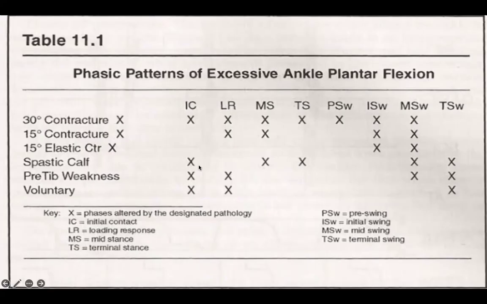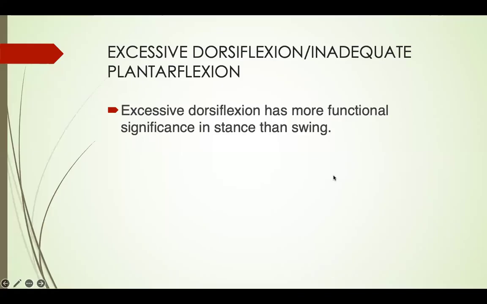If there is pretibial weakness, it will affect the initial contact and loading response, as this is the main stabilizer of the lower limb during those phases. And during the swing phase, it is the main dorsiflexor, so this will also be affected. Excessive plantar flexion has more functional significance in stance than swing because normally there is dorsiflexion during the swing phase.